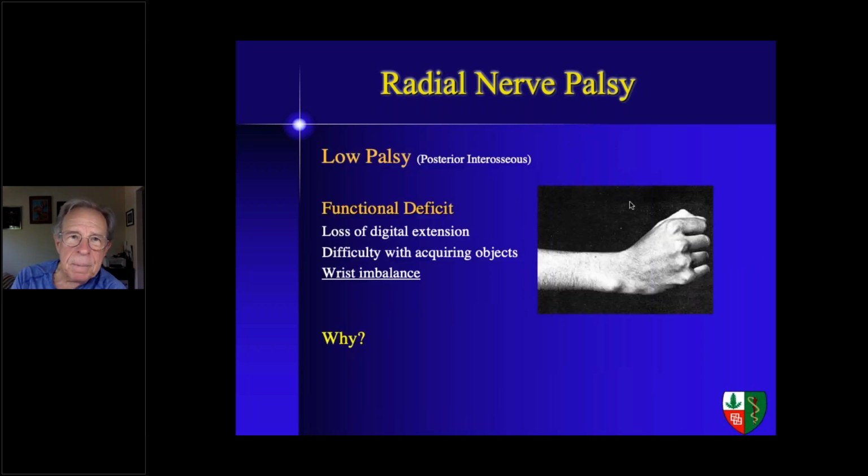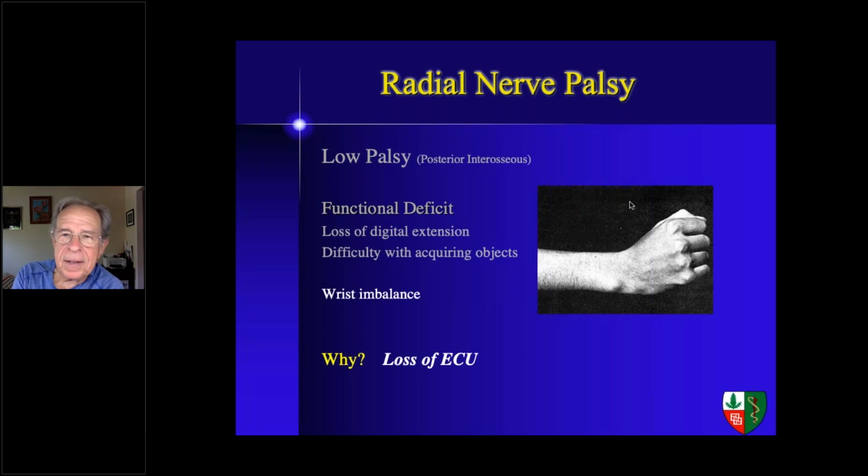For a low palsy, the functional deficits are less extensive and include loss of digital extension, which, as I mentioned, gives difficulty with acquiring objects, and frequently wrist imbalance. So Danny, why does a low palsy result in wrist imbalance? I believe that's as a result of the loss of the extensor carpi ulnaris.